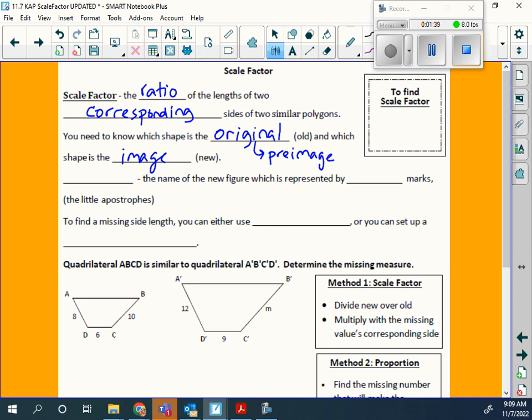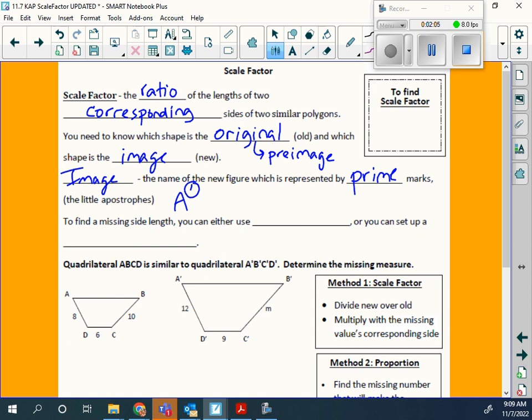So original, old, pre-image, all of those are synonyms. The image is the name of the new figure, which is represented by prime marks, little apostrophes. That's a prime mark, okay.